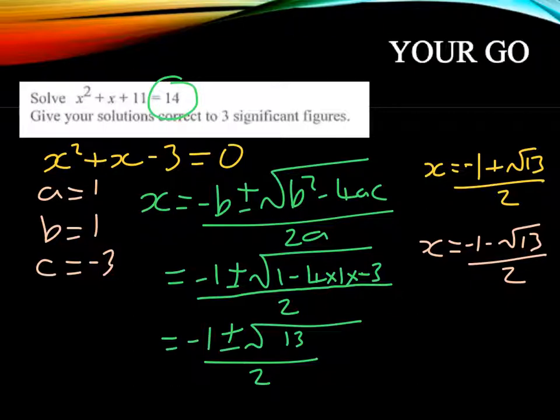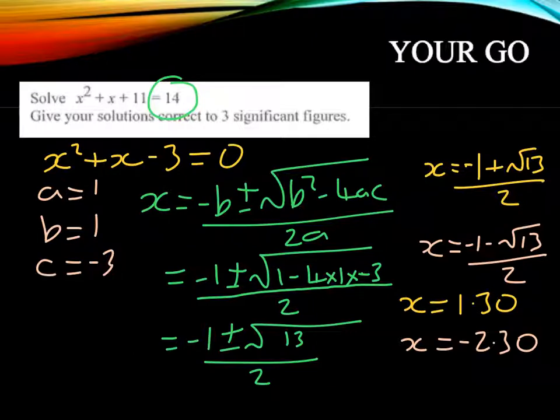So the two solutions are x equals 1.30 and minus 2.30, all to three significant figures. Okay, if you got those solutions, well done. If not, go back, see if you can spot where you made a mistake. It could just be a calculator error, or you may have forgotten to do this bit at the beginning.